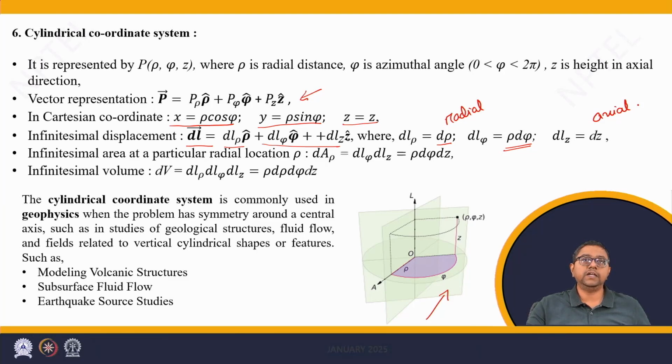The infinitesimal area at any particular radial location is given by dA subscript rho. This is the product of infinitesimal displacements along the angular and the axial directions.